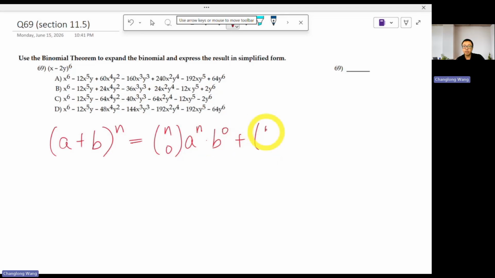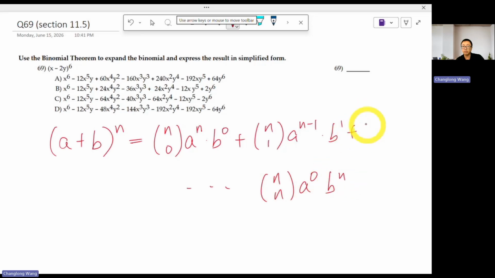Then nC1, a to the n minus 1, and b to the first power, dot dot dot, to nCn, a to the 0th power, and b to the nth power.